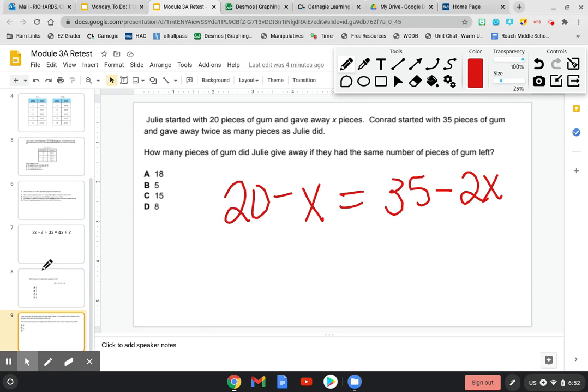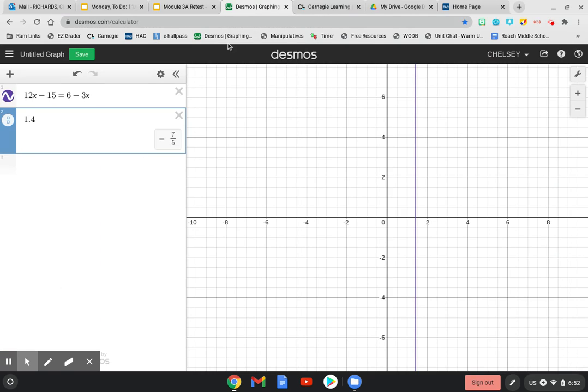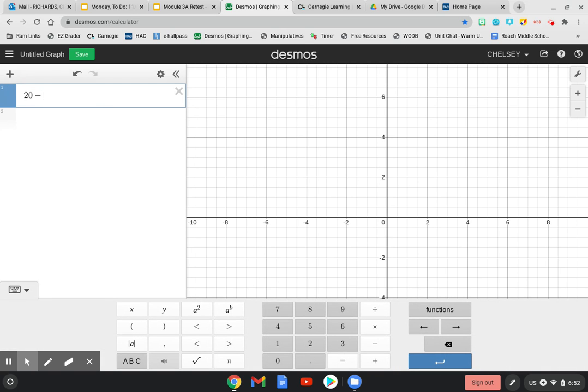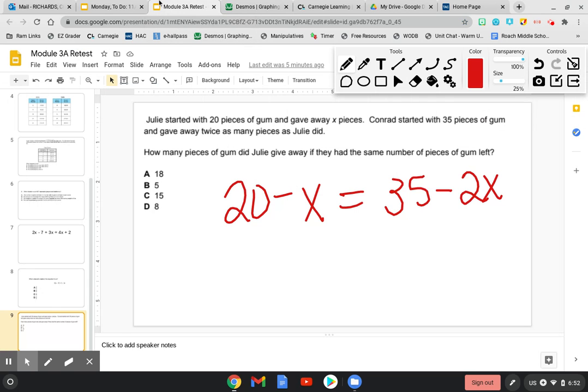Guys, go put this in the Desmos calculator. 20 minus X equals 35 minus 2X. And you can see that line's going around there. You can see that that is at 5. Your answer when you were doing this should have been 5.